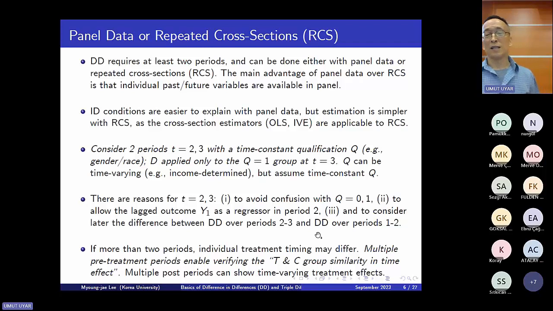And yet another reason is that later on today, I'll look at the difference of DD over T2 and 3 and DD over T1 and 2. So for these reasons, I'll consider periods 2 and 3 for a while.